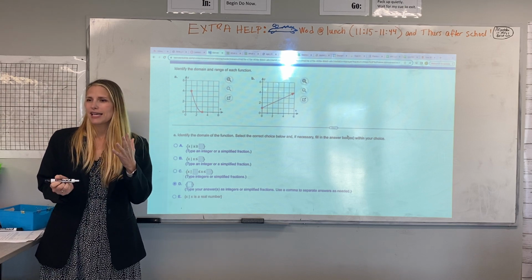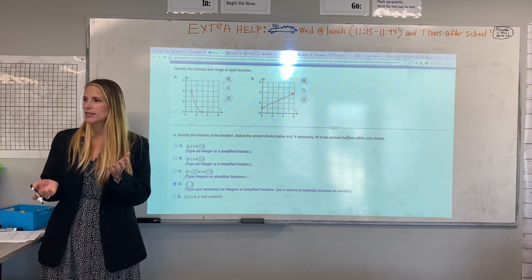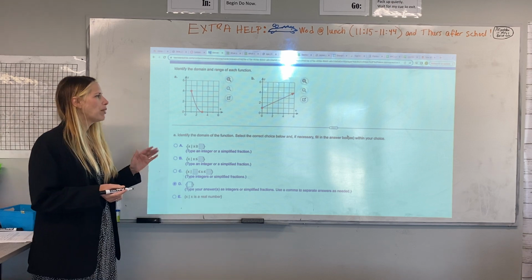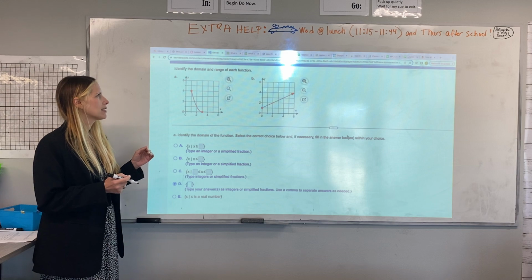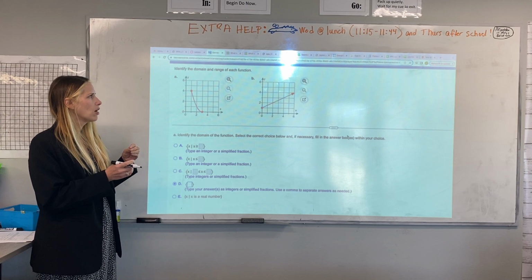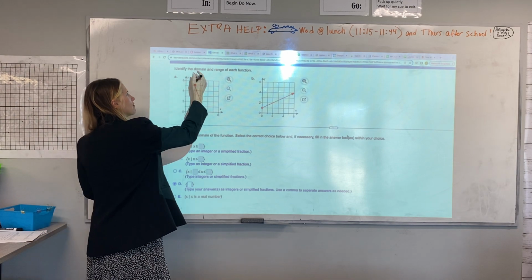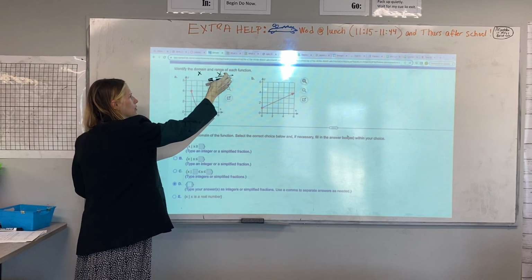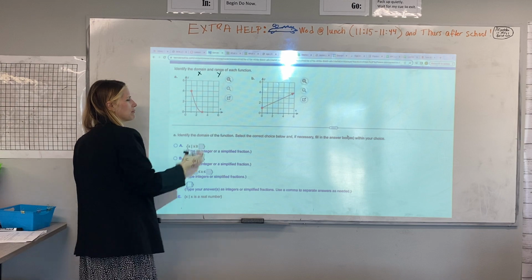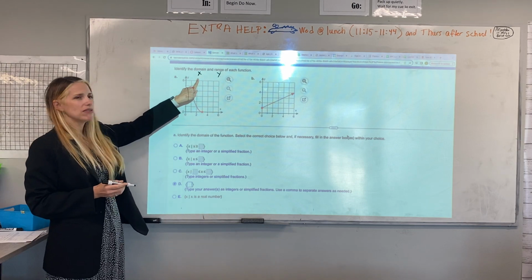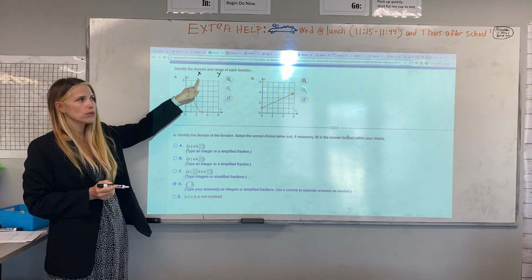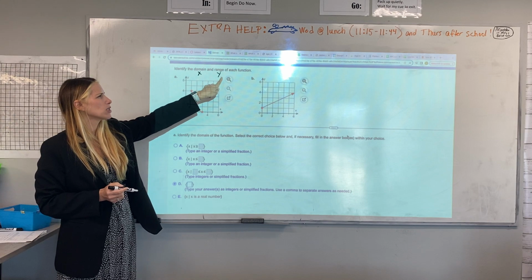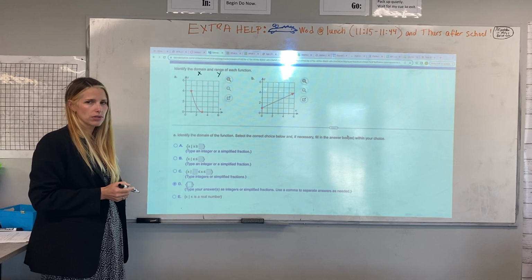They can be lots of shapes and sizes, but what's important is identifying all of our x values for the domain and all of our y values for the range. I don't know why my y sometimes look like x's. My domain values are my x values. My range values are my y values.